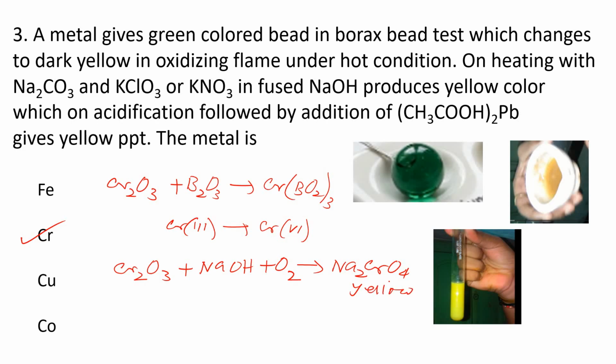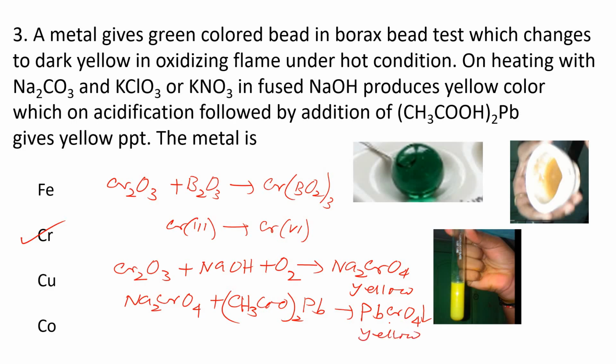And the sodium chromate, on acidification followed by addition of lead acetate solution, (CH3COO)2Pb, gives lead chromate, that is PbCrO4, a precipitate which is yellow in color. So the metal is chromium.